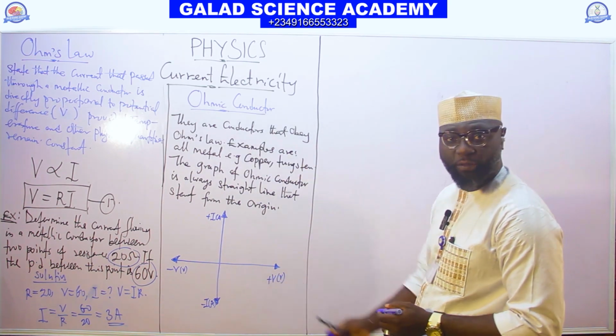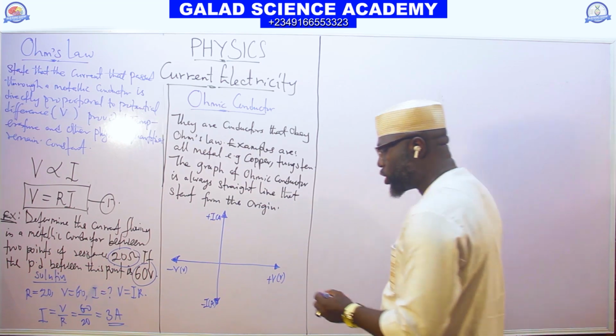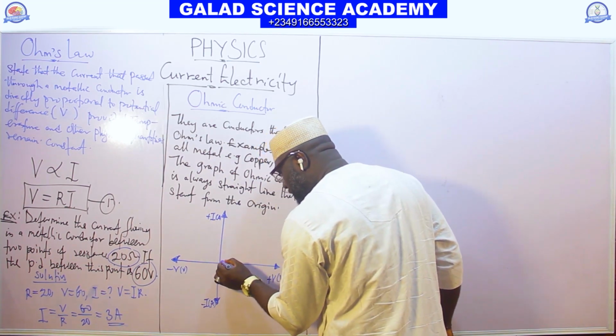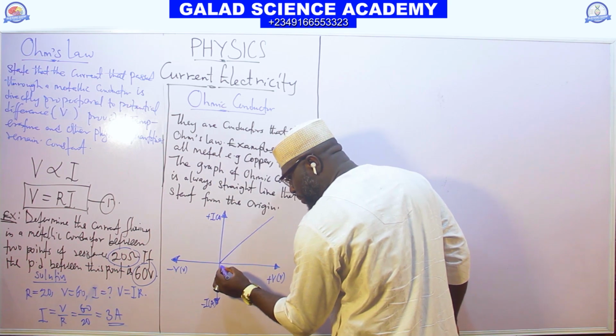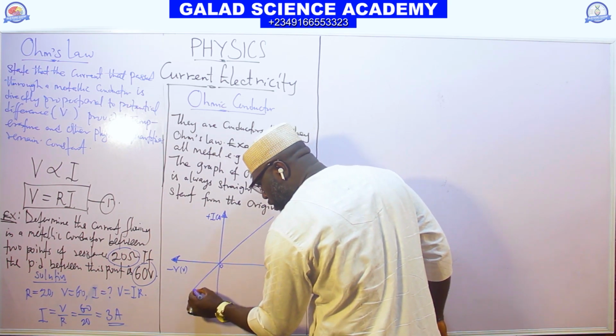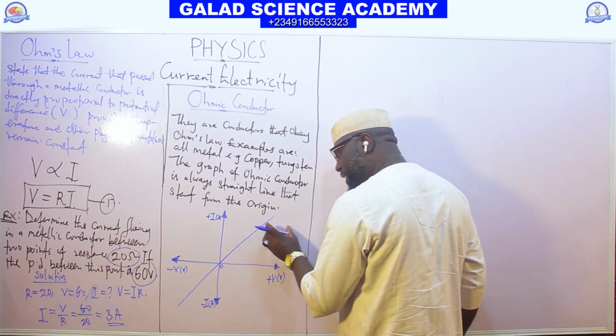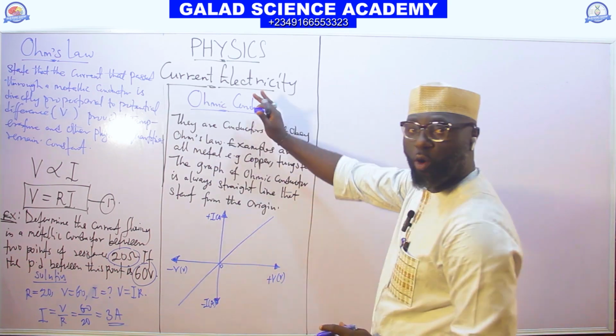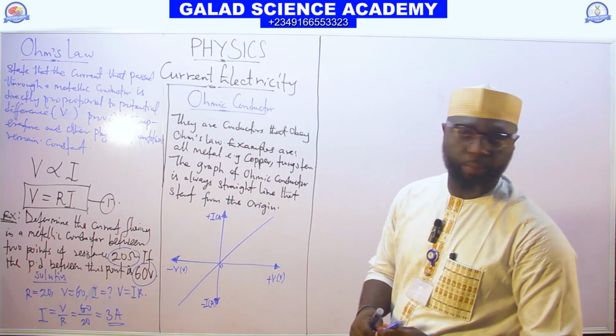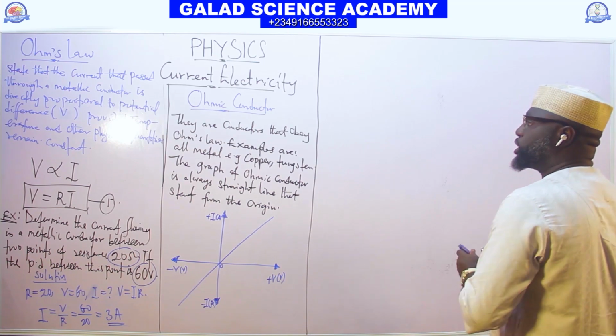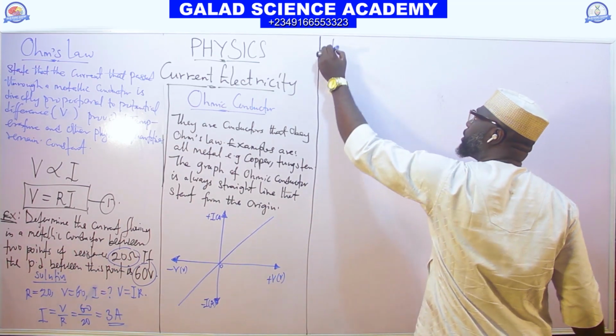If you want to draw the graph of an ohmic conductor, it is always a straight line passing through the origin. This kind of graph is the graph of an ohmic conductor.